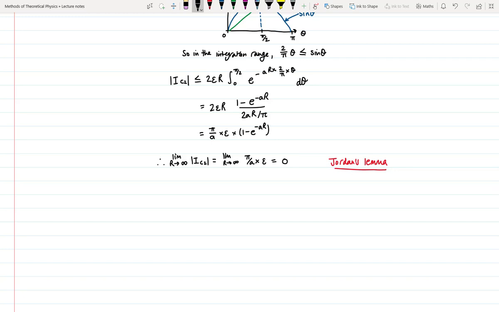I'm going to make a final point here related to Jordan's lemma. Note it was important here that we used a contour in the upper half plane.